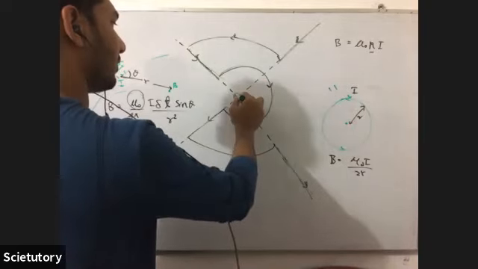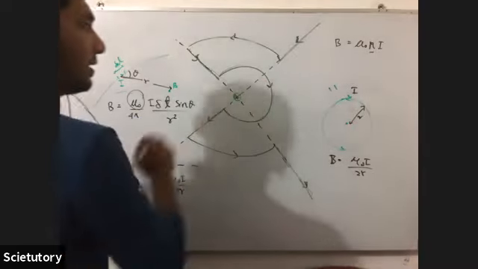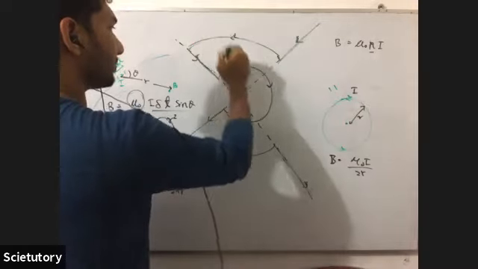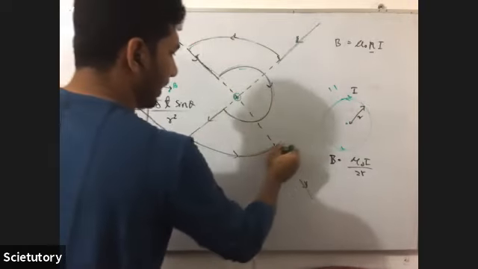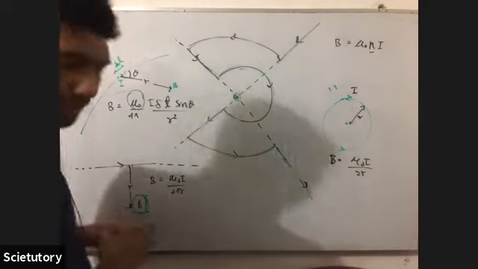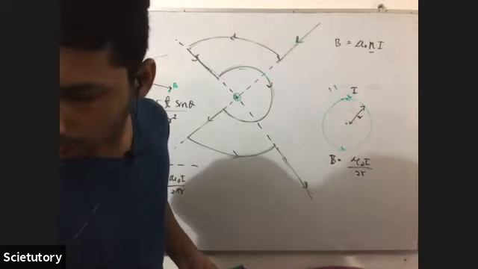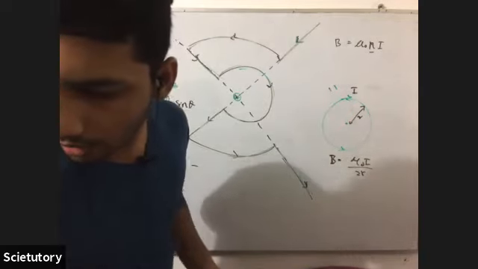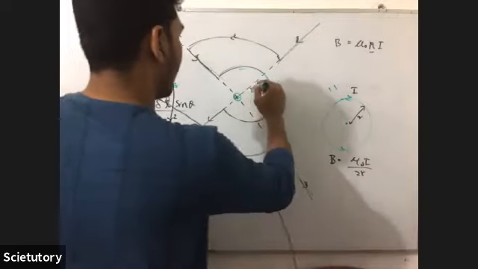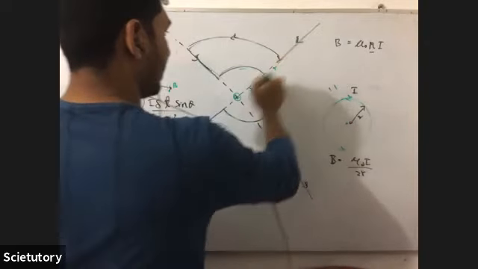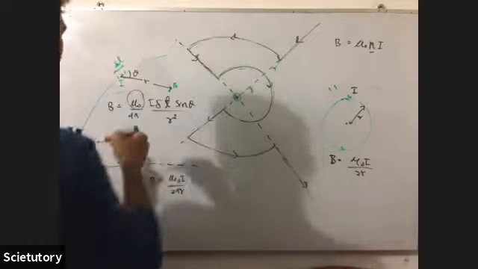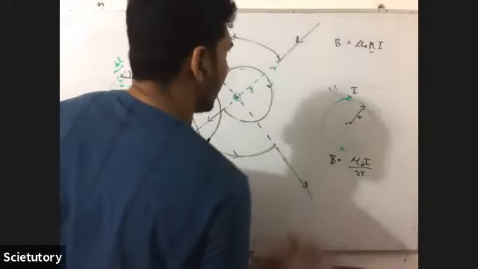There is no magnetic flux at the center due to those parts. But these circular parts will have. This is small r, this is also r, so the radius of these parts is actually 2r.